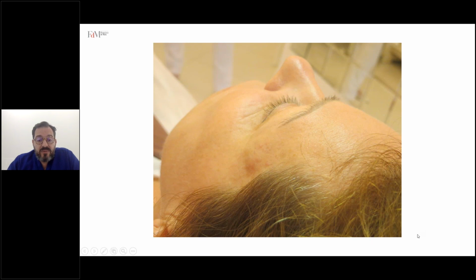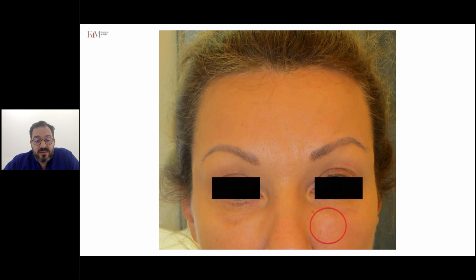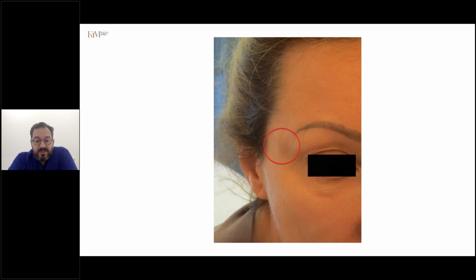You can see the area in the temporal area, the tear trough and the mid-malar area, and another one where you can see the temporal area also.